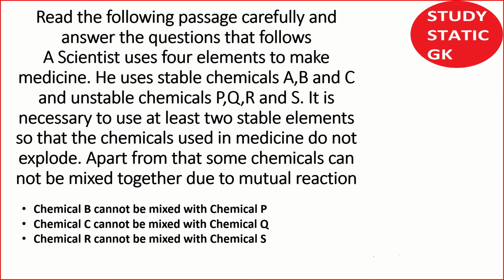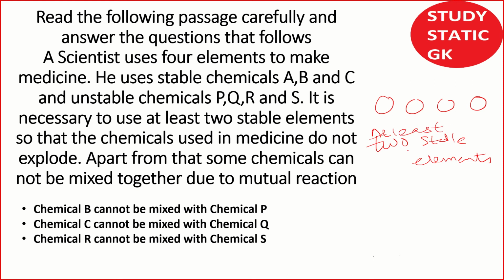Right here, what he has given is that a scientist uses 4 elements to make a medicine. So the 4 elements must be there in a medicine, and at least 2 stable elements. That means it may be 2 or greater than 2, but it should not be below 2.